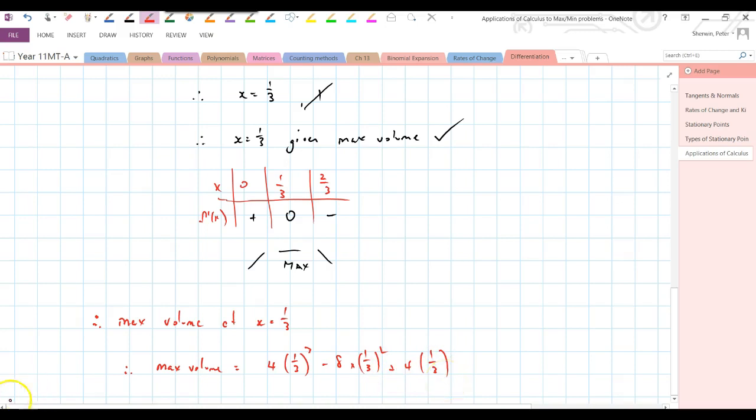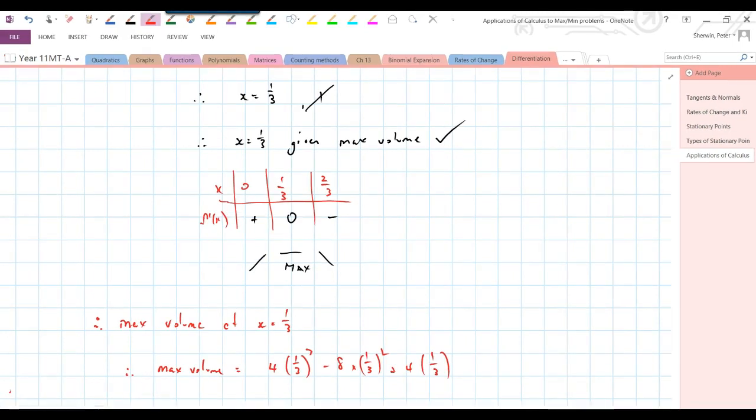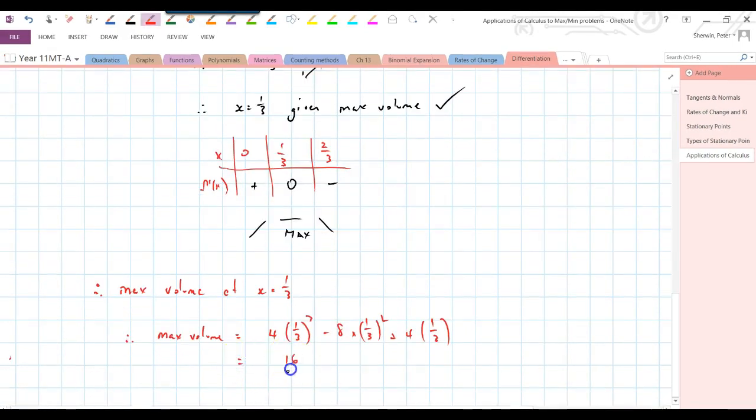We'll go ahead and do that. When we put that through our calculator, it is equal to 16 over 27. So the maximum volume is 16 over 27, in meters cubed, and that's when x equals 1/3.